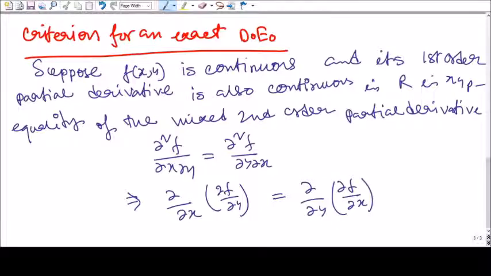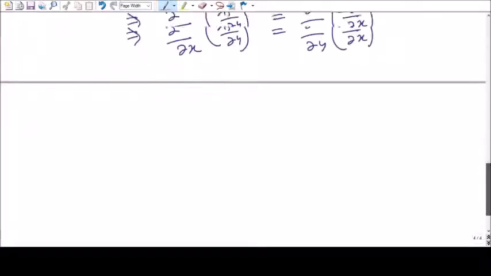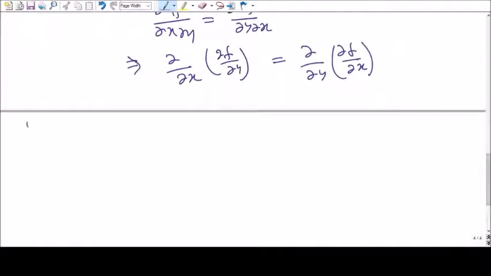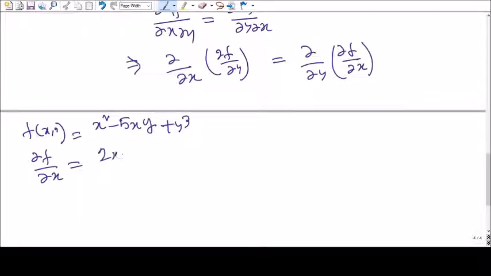Now let me show you an example. Suppose the function is f of x, y equal to x square minus 5xy plus y cube. Here ∂f/∂x is 2x minus 5y.